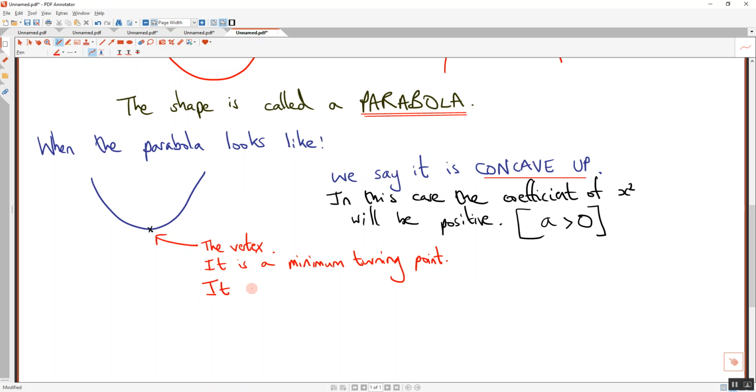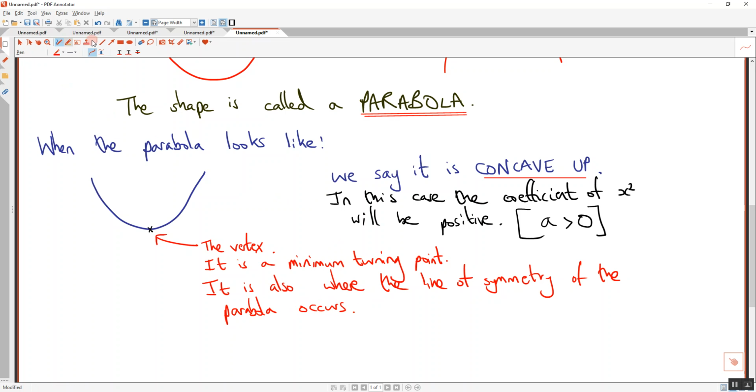It is also where the line of symmetry of the parabola occurs.